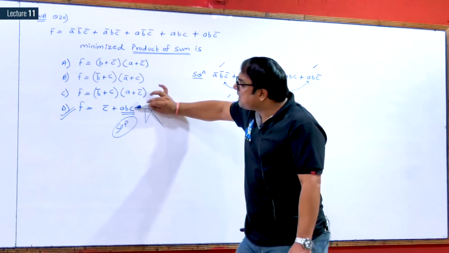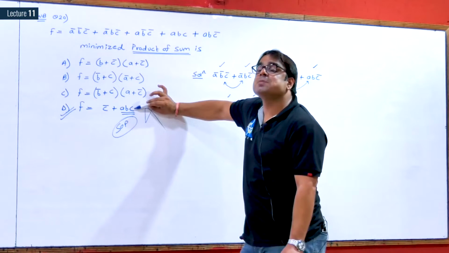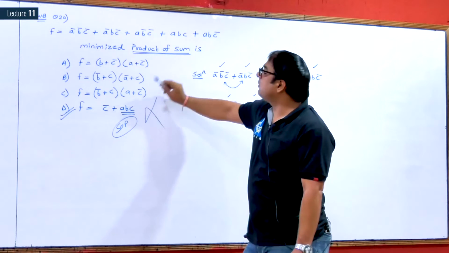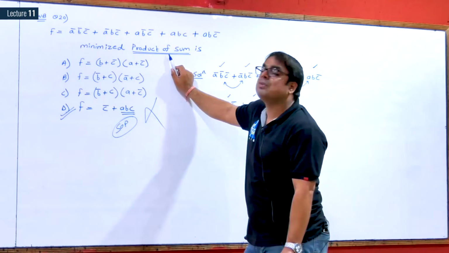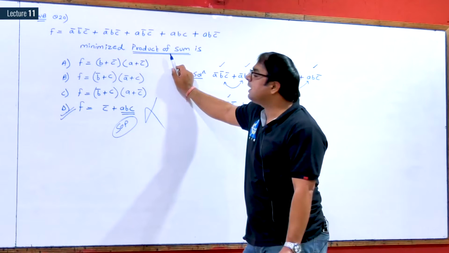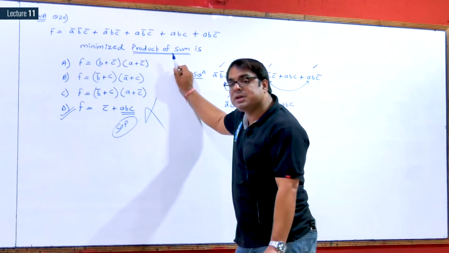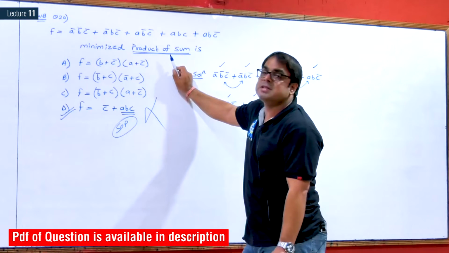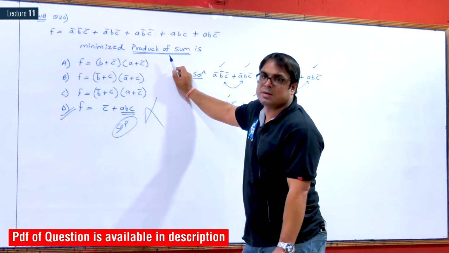The minimized expression is correct, but this is in SOP format. But what is asked is that you have to find the minimized POS format. This thing you have to take care of. These types of things you have to take care of in your GATE exam. Many students make this silly mistake in their GATE exams.